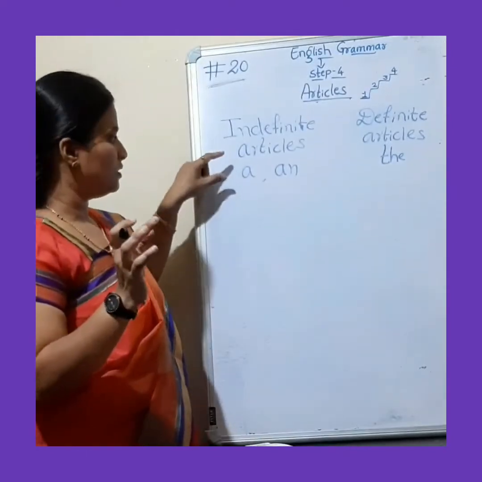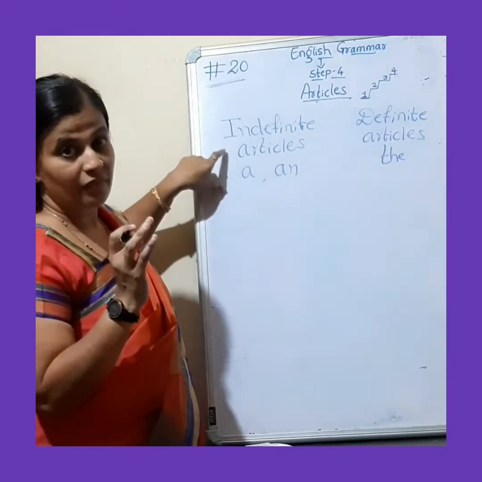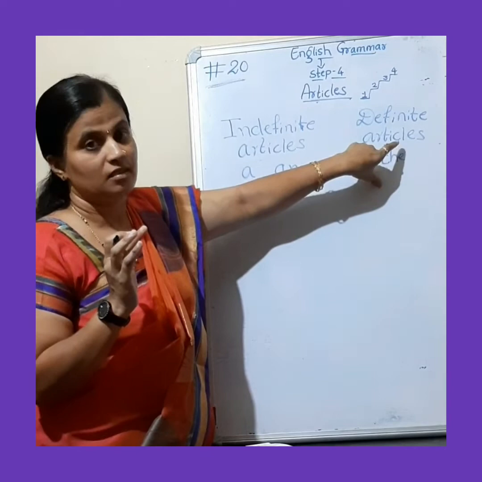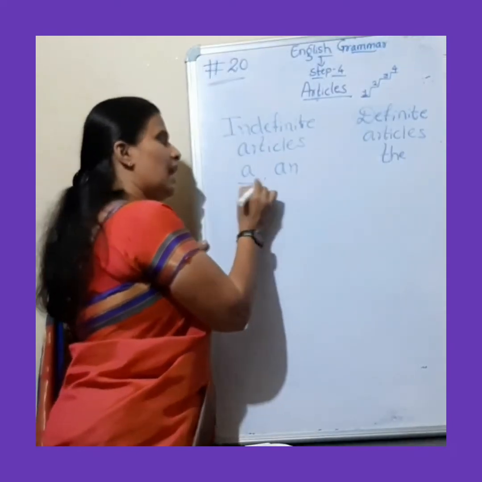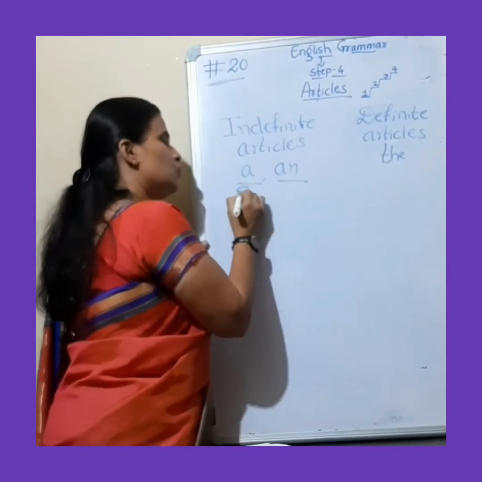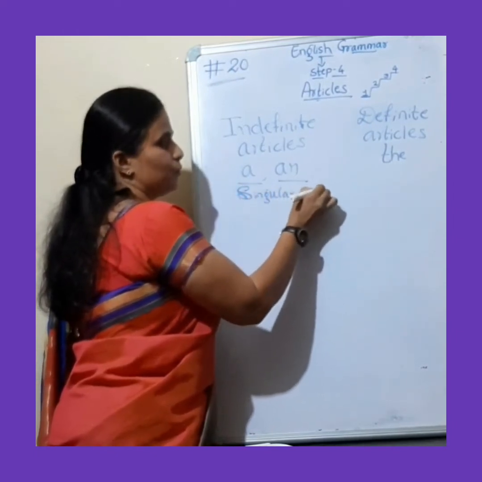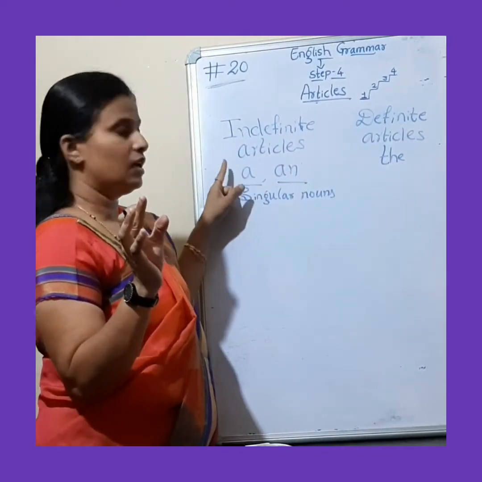Now let us concentrate on where these indefinite articles are to be used, and where the definite article is to be used. A and an are particularly used for singular nouns. Before singular nouns we can use a and an.